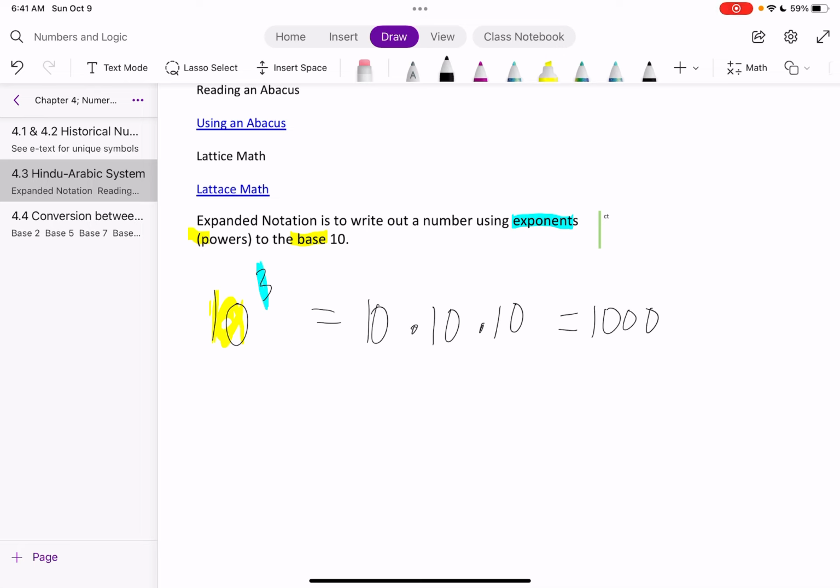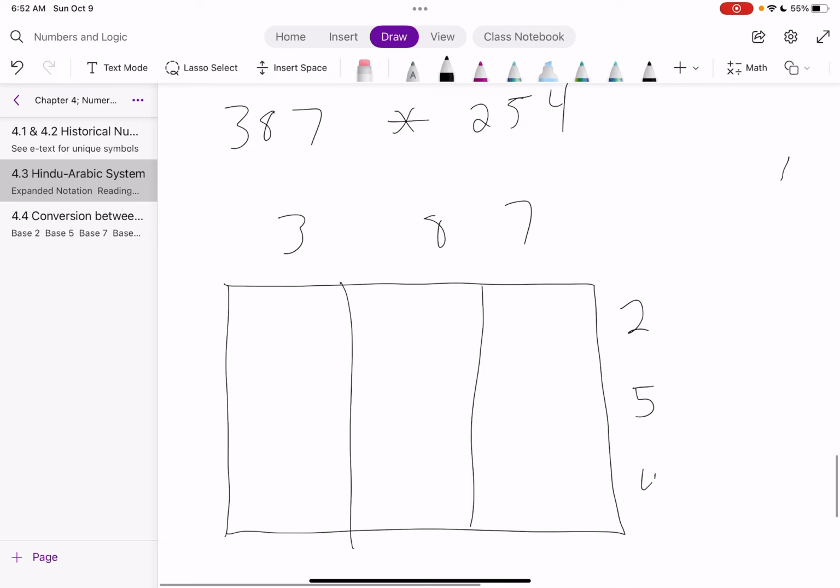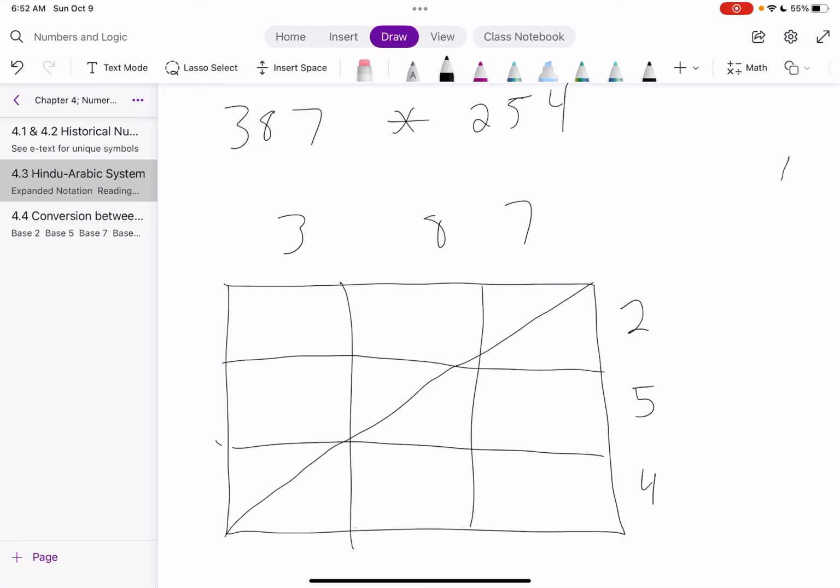And then, what did I say, 254. Bigger box. And again, we've got to cut these things in half. So let's see. To create our lattice.